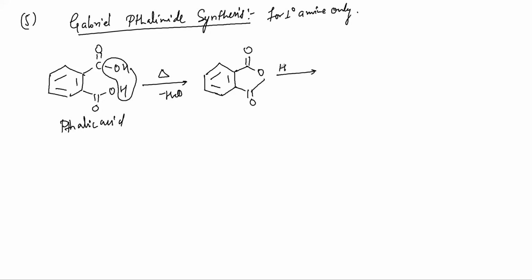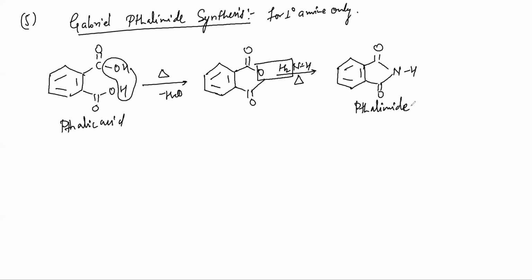If you treat it with ammonia and heat it, it gives you this. This water is lost and ultimately you get this. I think we have done this much preparation already. This is what we call phthalimide.